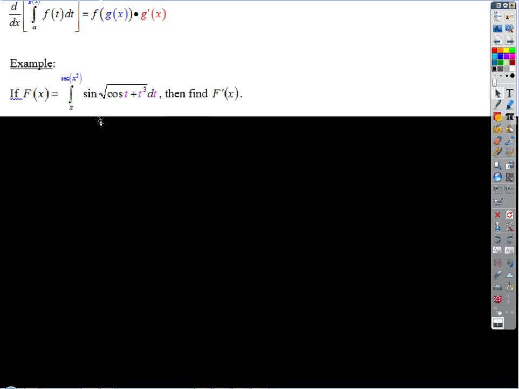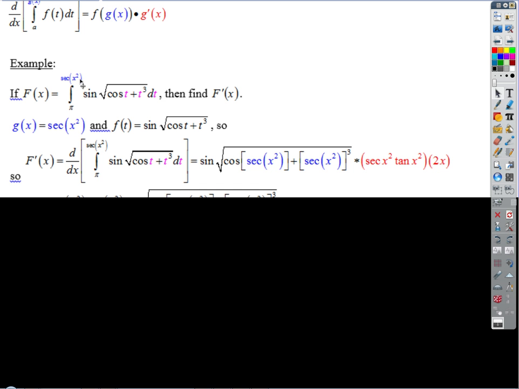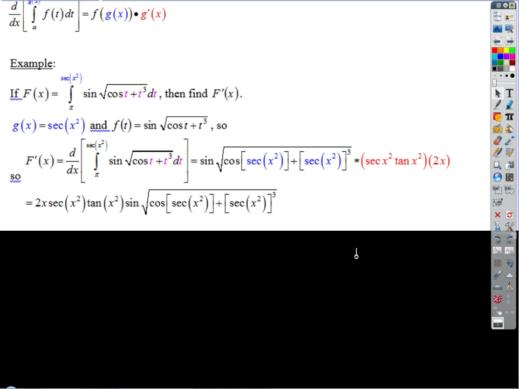Well, all we do, literally all we do, is plug secant x squared in for t everywhere, times the derivative of secant x squared. That's it.